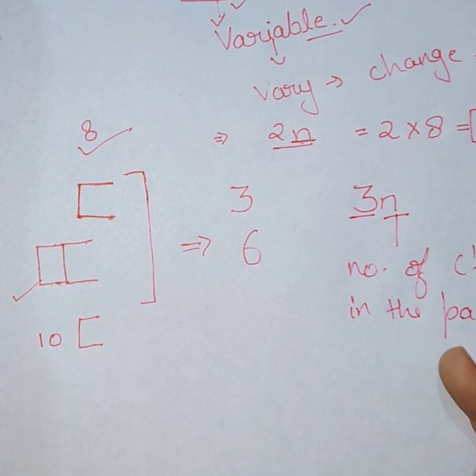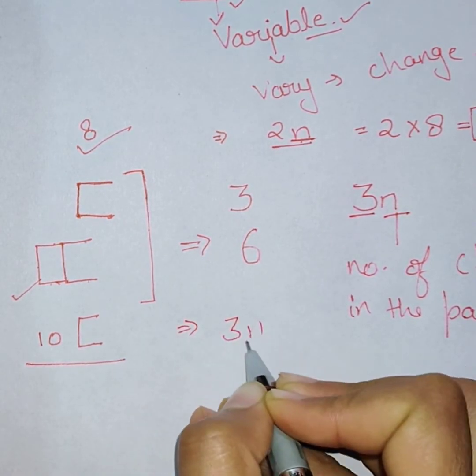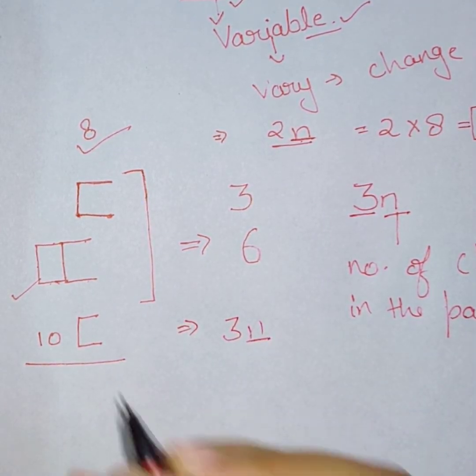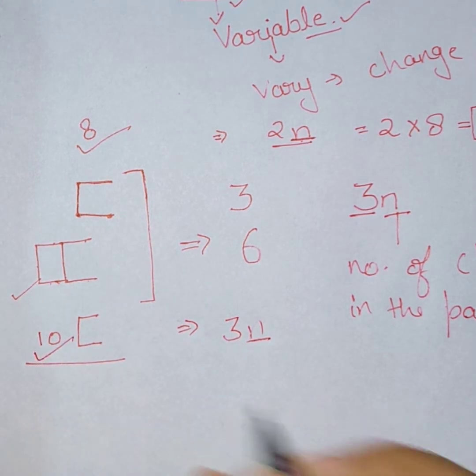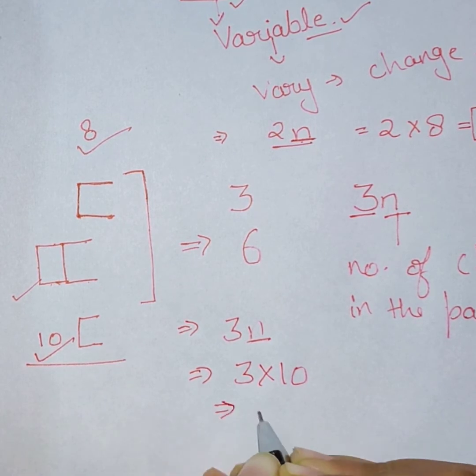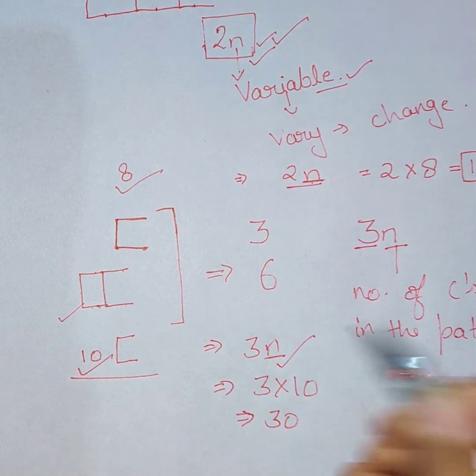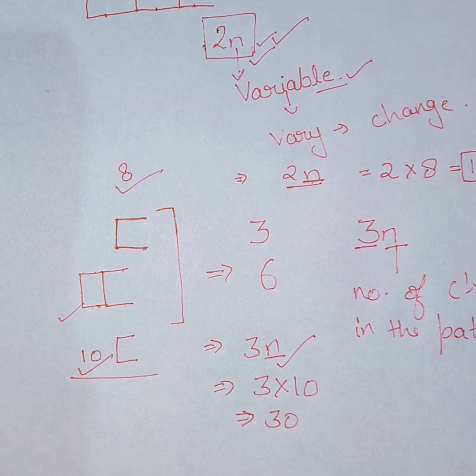So for 10C the formula will be 3n and n is the number of C's. The number of C's here is 10, so you put it in the formula: 3 into 10, that is 30. So this is how to use matchstick patterns, how we create a formula that has a variable in it. It is clear that variables are those numbers whose values vary, that is, the value of variables can change.